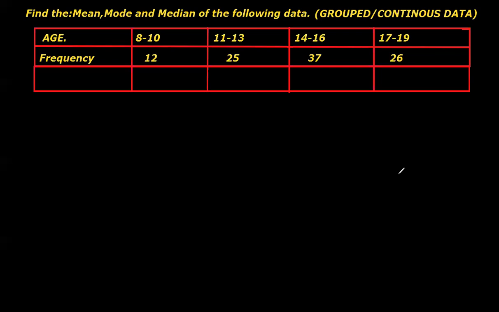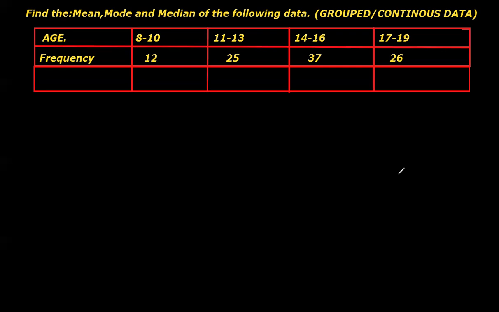So there's a lapse between the data. It should have been 8 to 10, and the next group becomes 10 to. All right? Then that becomes continuous. But if you look at this, it moves from 8 to 10, then the next group begins from 11 to 13. So our data is not continuous.